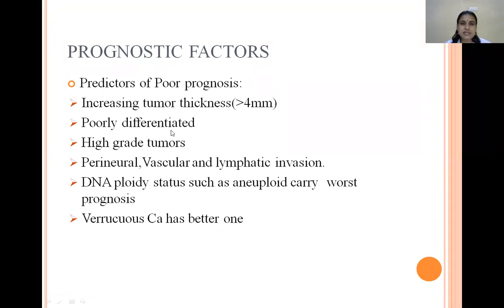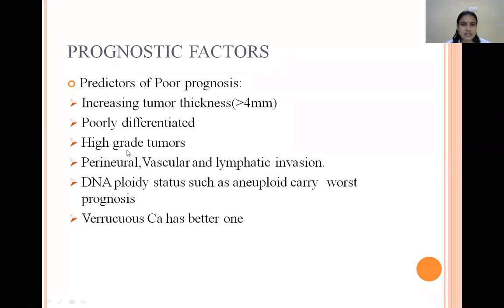Poorly differentiated means the keratin pearls are very few. Or high-grade tumors, that is extensive vascular and neural invasion. Then there is perineural invasion and lymphatic invasion. Yes, it is a poor prognostic factor. Also, DNA ploidy, polyploidy, and aneuploidy can have a worse prognosis.